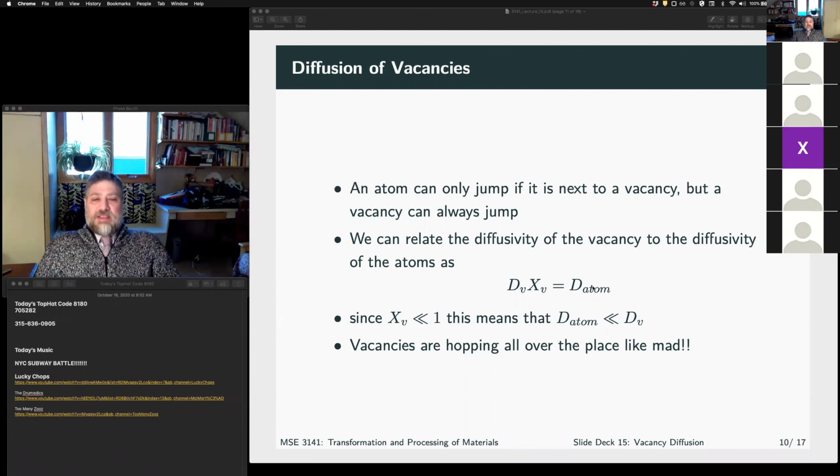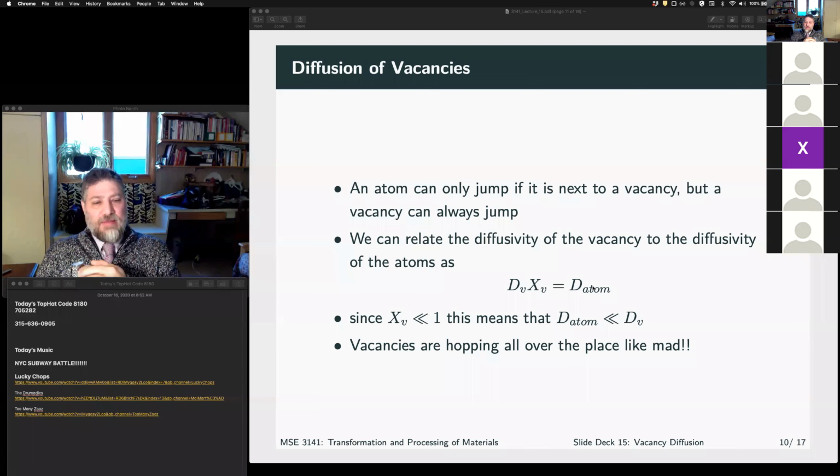So it should make sense that an atom can only move if there's a vacancy next to it, but the vacancy moves every time an atom hops into it, so the vacancy is going to move much, much faster than individual atoms.